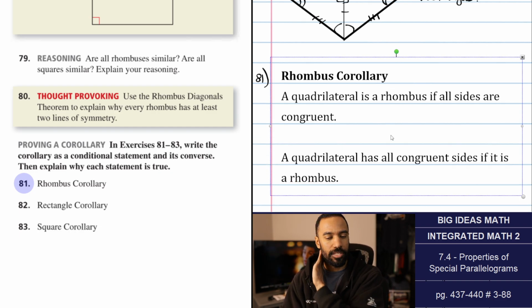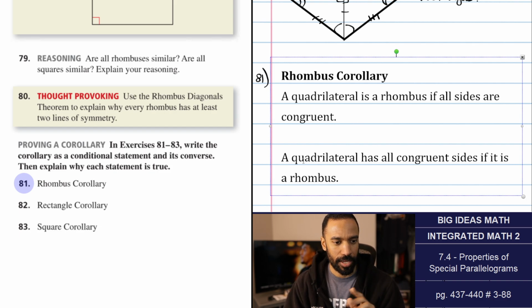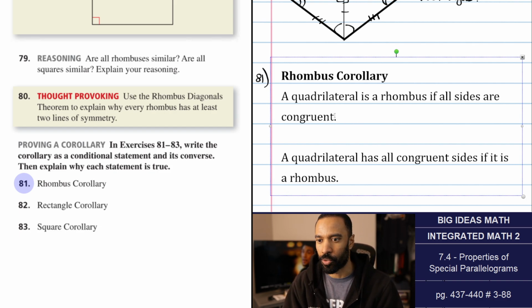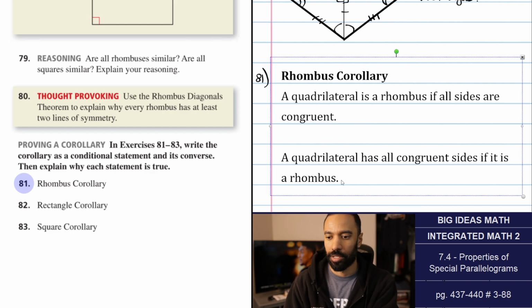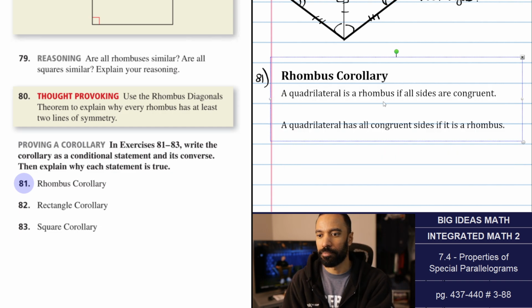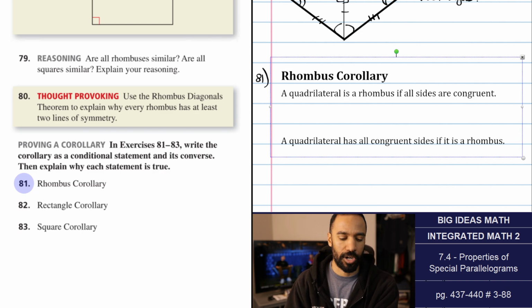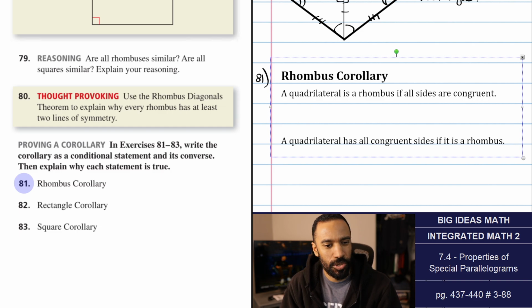Okay, so we wrote it as a conditional and its converse, now explain why each statement is true. Why is this true? That's a good question. I want to try and say why it's true without doing a whole paragraph proof or 2-column proof or something. It's a rhombus if all sides are congruent. If you have all sides congruent, well, it's a 2-column proof thing.